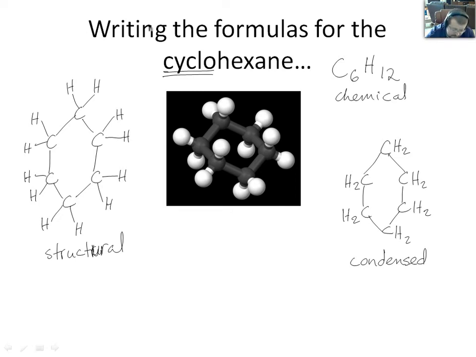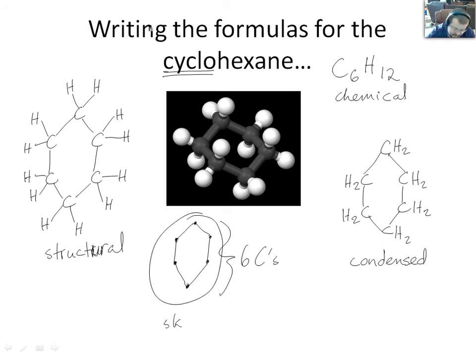We've got 6 carbons that are in a ring, so I'm going to start here. I'm going to go 1, 2, to 3, to 4, to 5, to 6, and then I'm going to close off my structure there. 6 carbons. So this would be my skeletal structure.